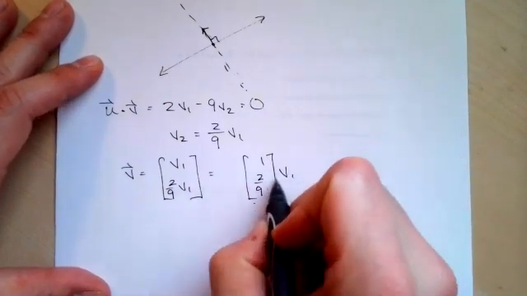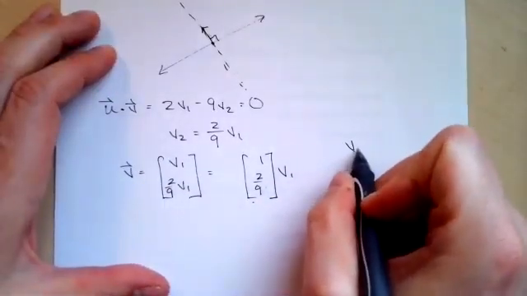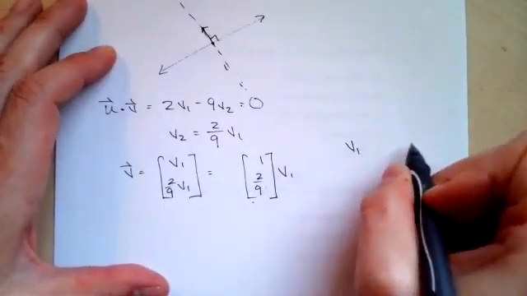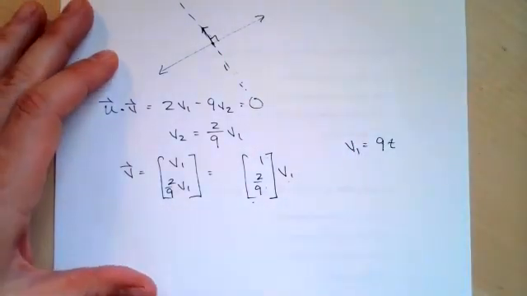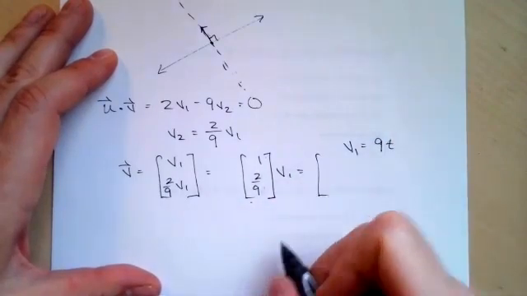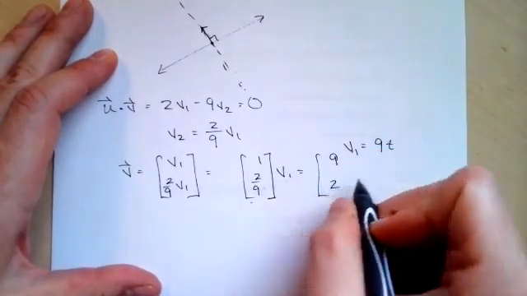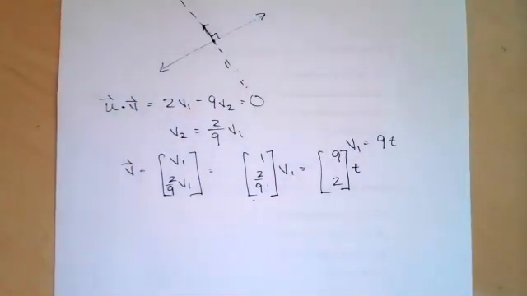Since v1 can be any scaling factor, we can rescale our scalars and write v1 equal to something like 9 times t. That would give us (9, 2) times t. So all scalar multiples of that orthogonal vector we found give us the entire set of vectors orthogonal to u.